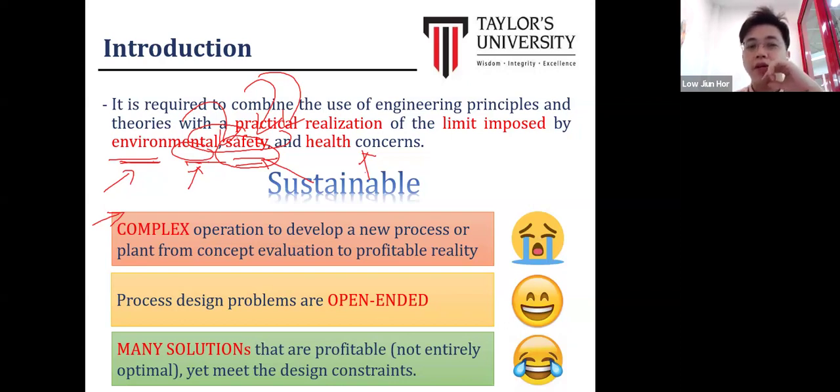And the most important, it can really be practiced in the society. So that's why for chemical plant design, the process to come up with a complete design can be very, very complicated or complex. And the most important, we also need to make sure the chemical plant that we design can also make profit.